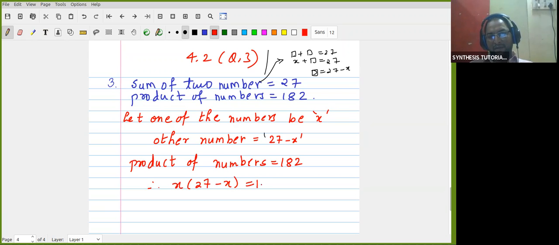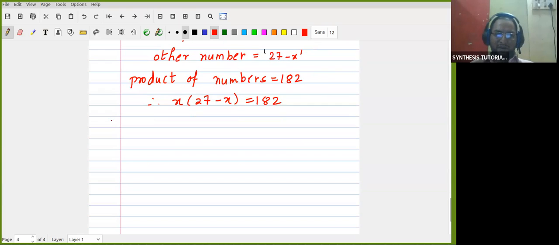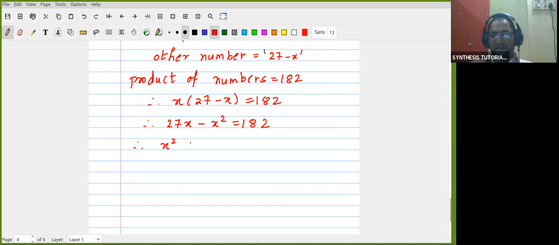Is that okay? Now let us simplify this and solve, like for finding the roots. Now we can just rewrite this nicely and say this is x square minus 27x plus 182 equal to 0.